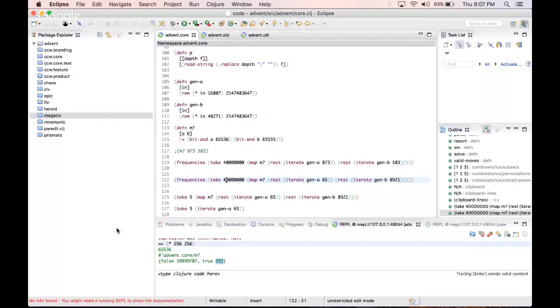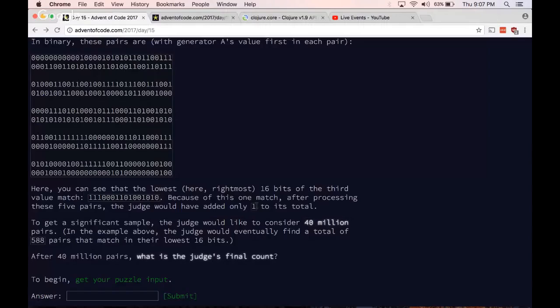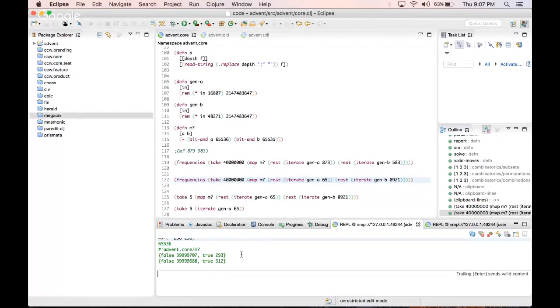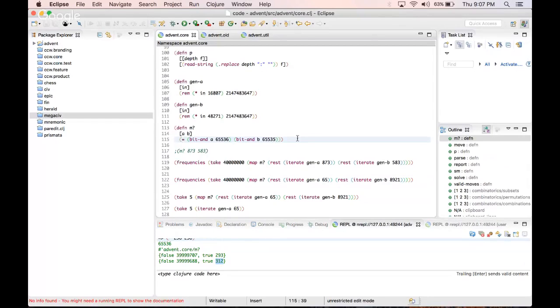It's supposed to be 588. 40 million. Yeah, we're doing 40 million. All right, so this is wrong. What is wrong about this? This should take the lowest 16 bits, and this should also take the lowest 16 bits.